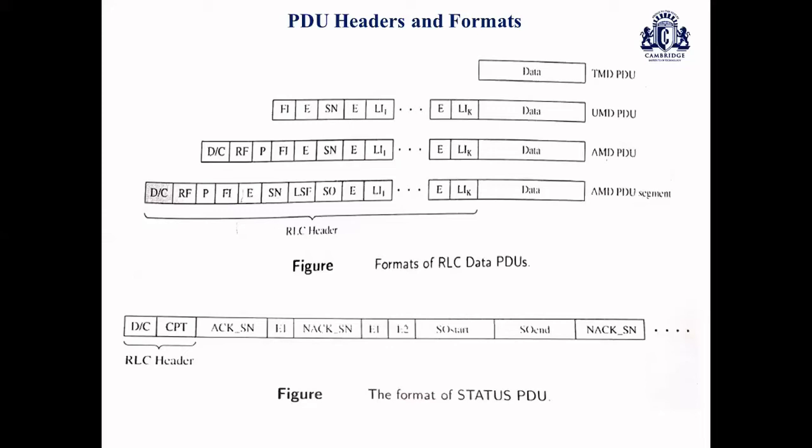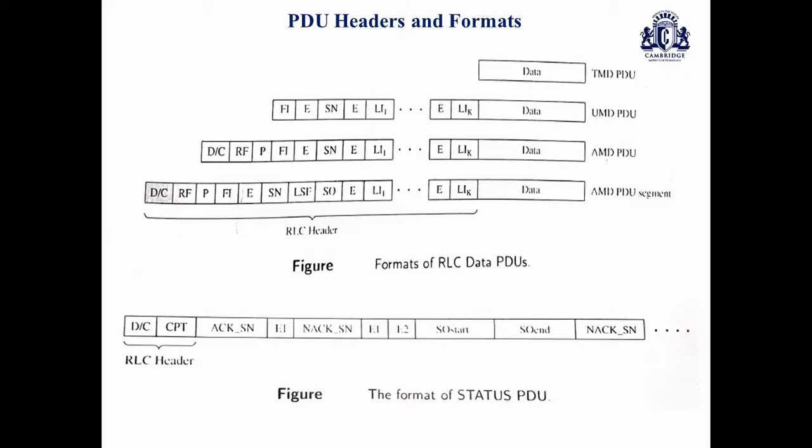The E2 field indicates whether a set of SO start or SO end, the segment offset start or segment offset end, follows. The negative acknowledgement sequence number indicates the sequence number of the AMD PDU that has been detected as lost at the receiving end of the AM RLC entity.